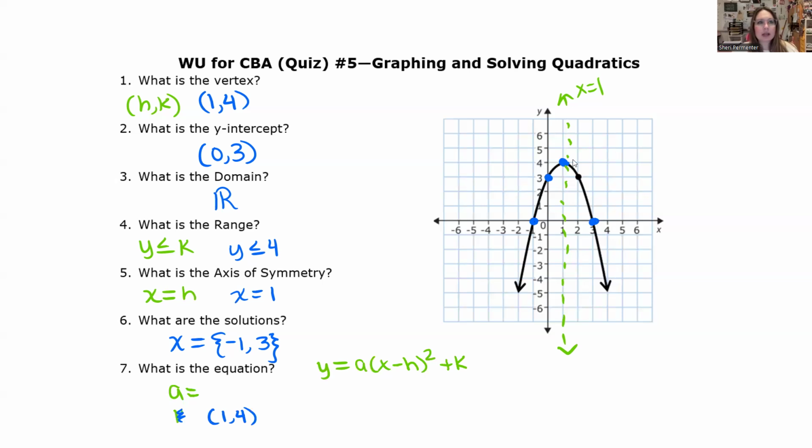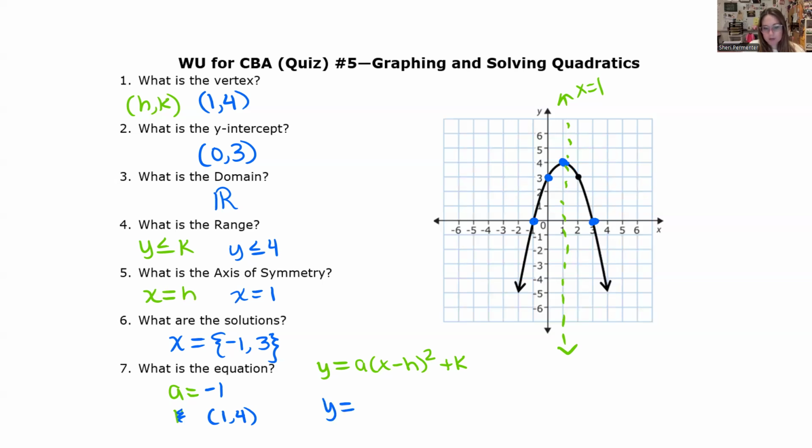A, to figure out A, you start at your vertex. You go over 1. So do I go up or down to get to my first point? So it's going to be negative. How far down? So my A is -1. So I just fill in the blanks.